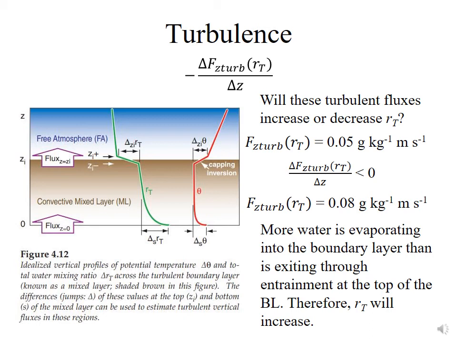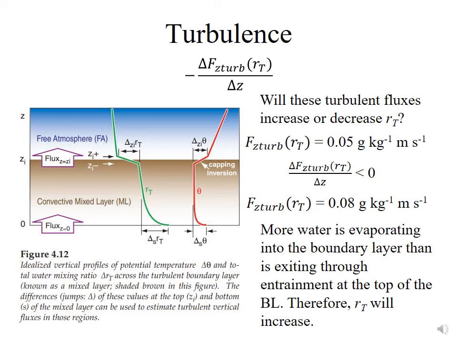In this particular case, we have a flux of water vapor from the surface to the environment, and that is raising the total water mixing ratio near the surface, and then that's getting mixed as we move up into the atmosphere. And then we have a sharp decrease in the total water mixing ratio at the top of the boundary layer, followed by the relatively dry conditions in the free atmosphere.